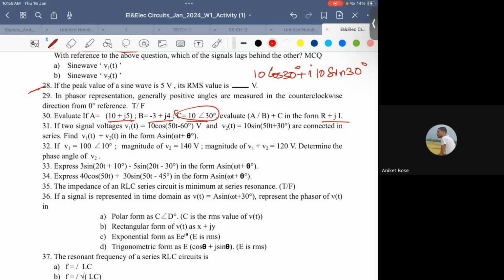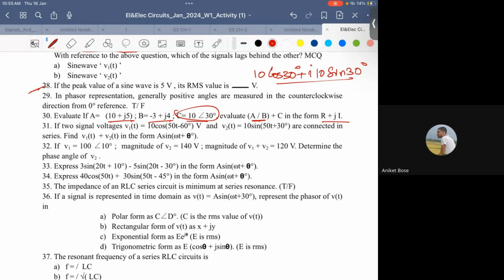You can write the C in the rectangular, or you can write A and B in the polar form, and then you can calculate it. Anything is fine. You can just write C also in rectangular form and then calculate it. If you'll just do A by B, I guess if we are dividing it, it's better to write it in polar form itself. Or for example, I can do it in this form also.